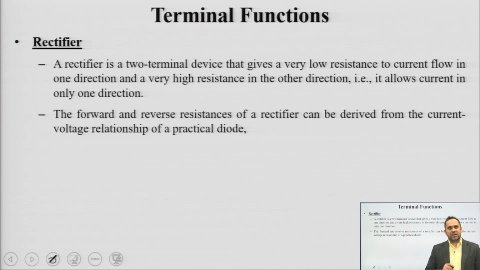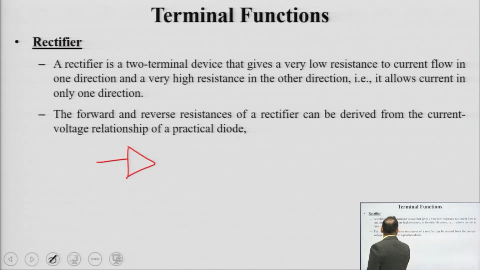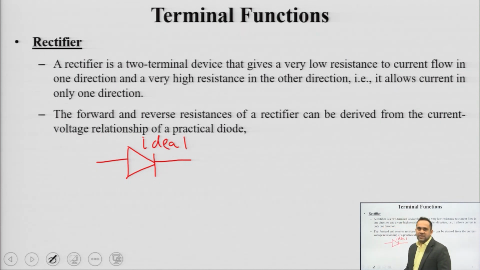So, a rectifier is also a sort of a switch, and we know that a PN junction diode also acts as a switch. If I draw the symbol of a diode here and I say that this diode is ideal, I would say that it is acting like an ideal switch.